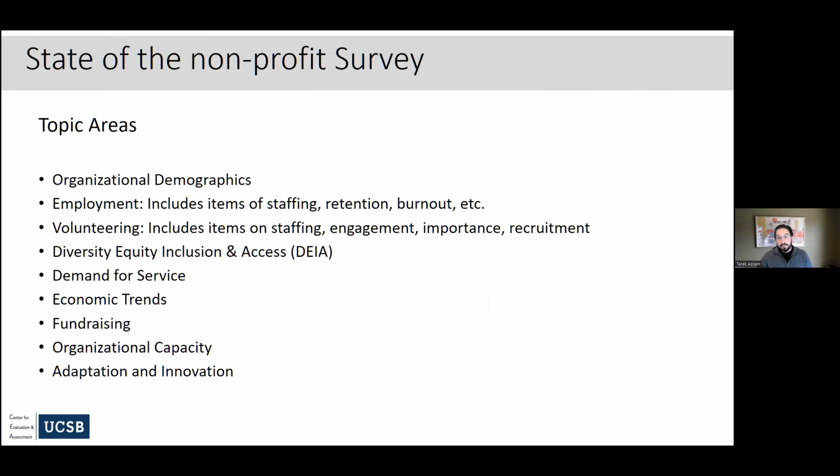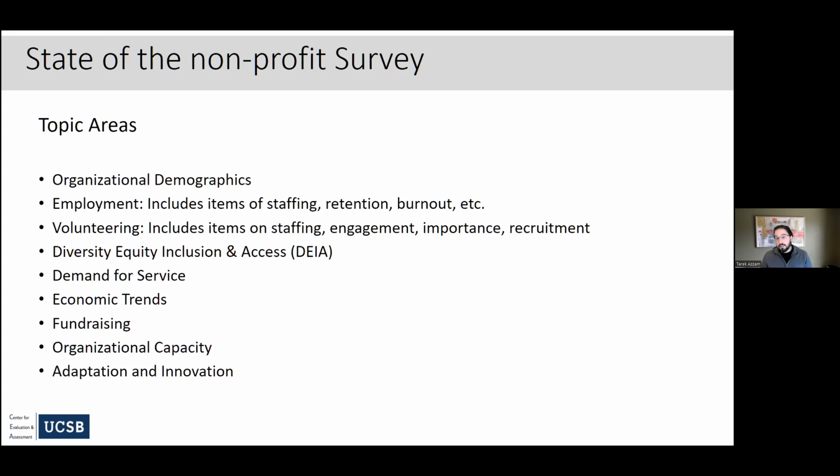And one of the things about it was that it was attempting to really capture various topics that are very relevant to the nonprofit sector, but also to foundations, funders, and other organizations. And the topics, as you can see, we looked at organizational demographics, employment in terms of staffing, retention, burnout. This was really relevant, especially during the last 2 years.